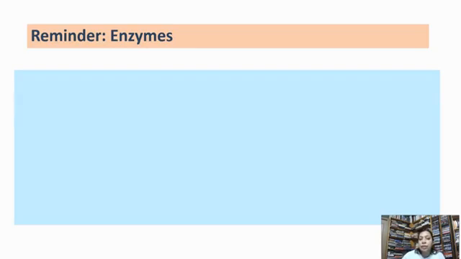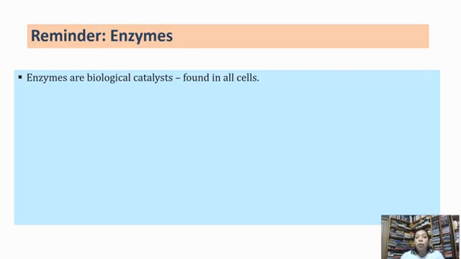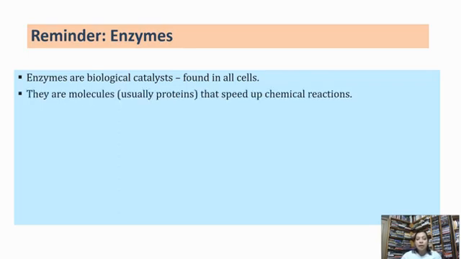Now, just to remind yourself of some other stuff, one of the things that we are going to be using to take portions of DNA so we can learn about them more are a special type of proteins called enzymes. Enzymes are biological catalysts that are found in all cells.